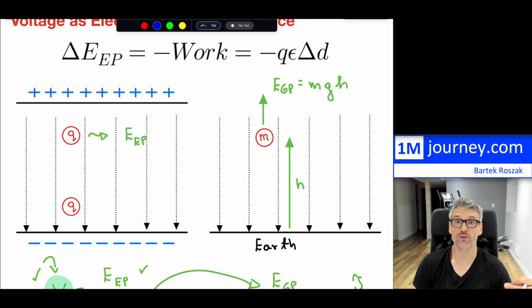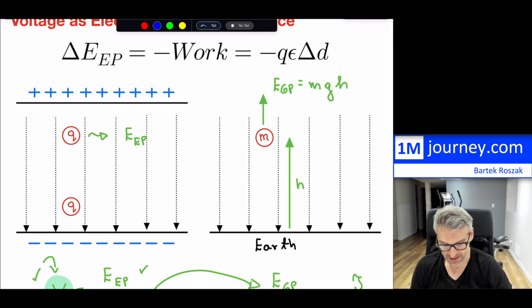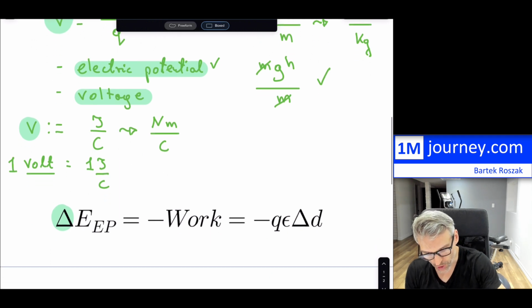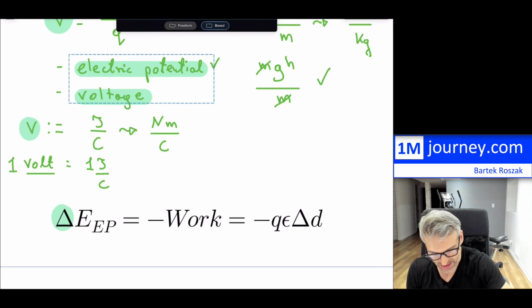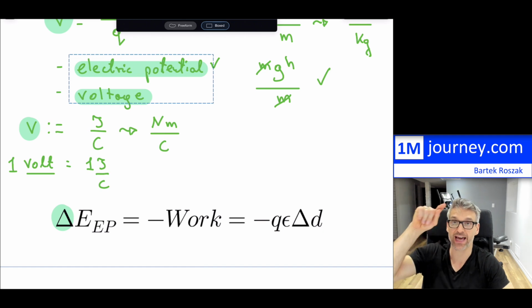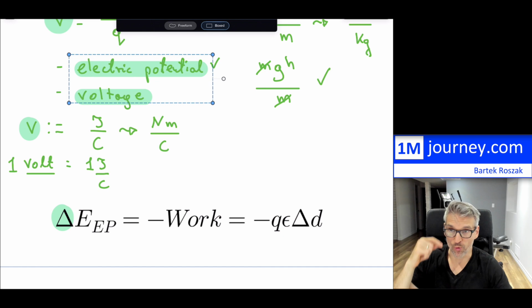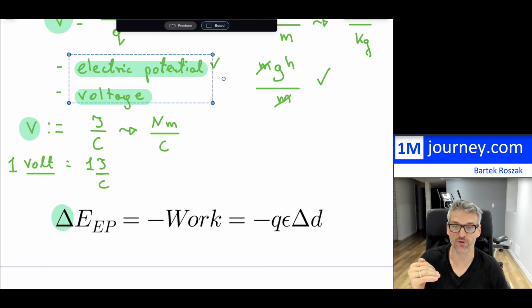And that was called the actual difference in the electric potential energy, which we can call the electric potential difference. Now, notice that right here we said that the electric potential, at a point, is called voltage. Now, we can have a change in voltage.